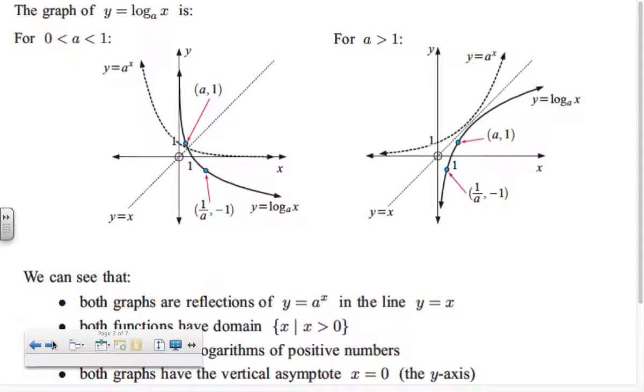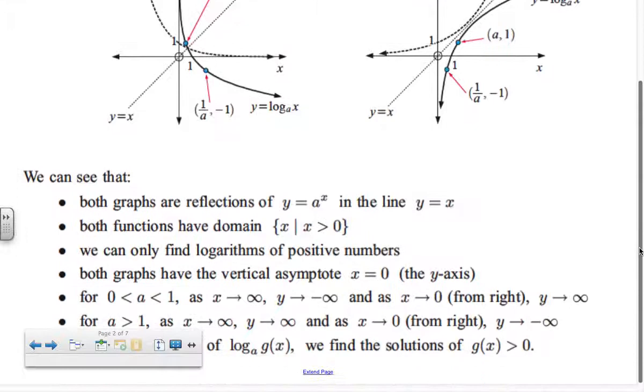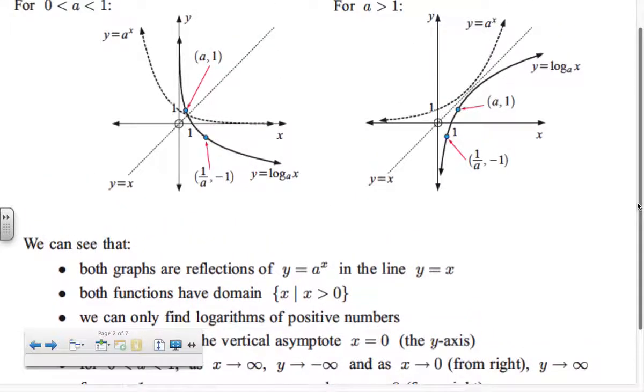So this is the same graph we just looked at, but I wanted to cover a couple of different things, just notes here. Basically, you notice again the idea of the reflection. The graph y equals a to the x right here, its inverse is reflected over the y equals x line, so that is why the log is that. Same thing here, they're inverses, they're reflected over the y equals x line.